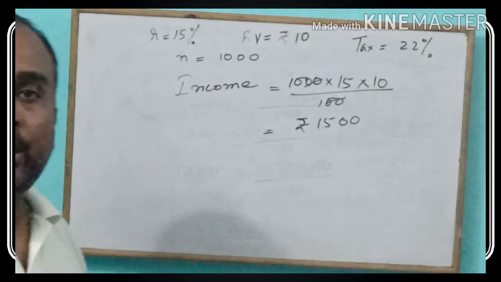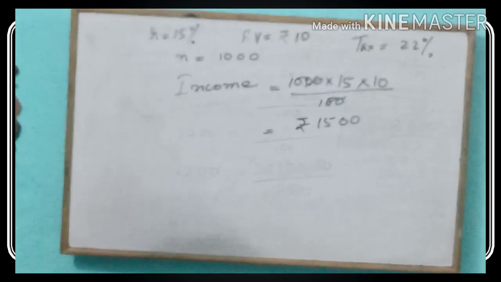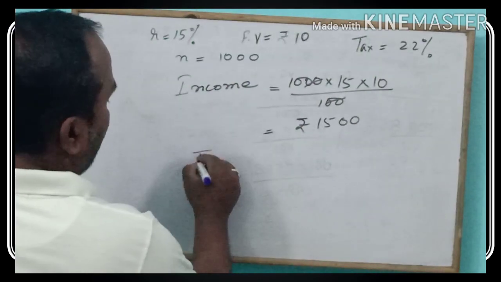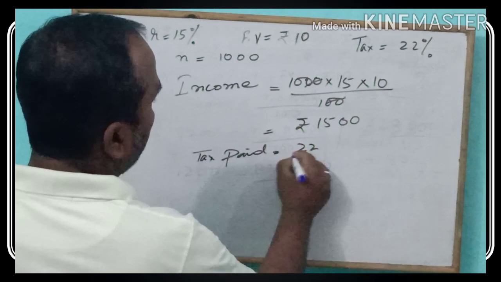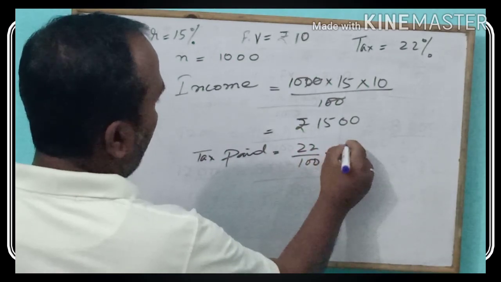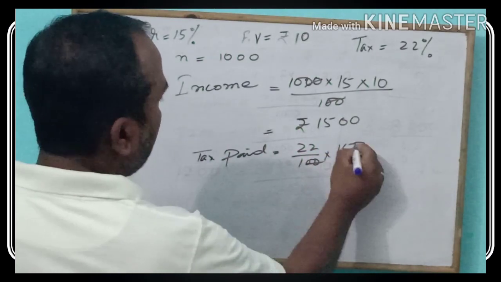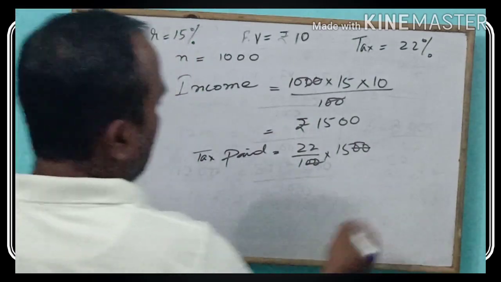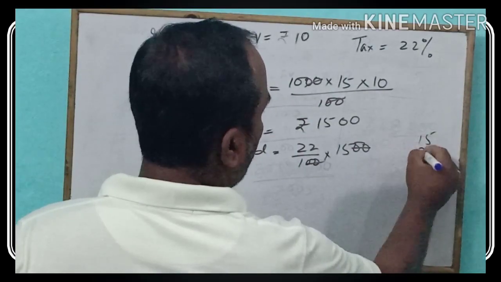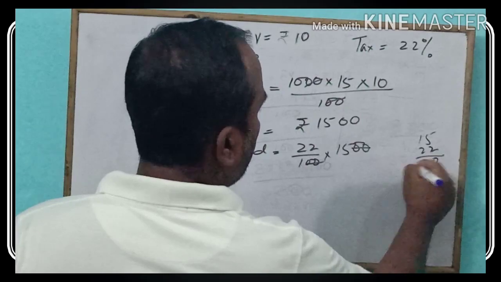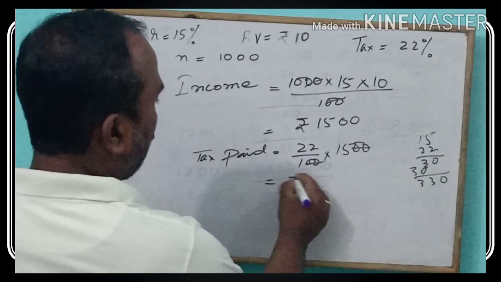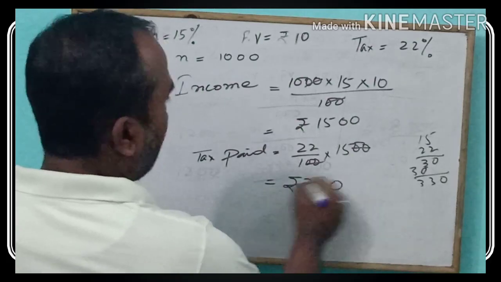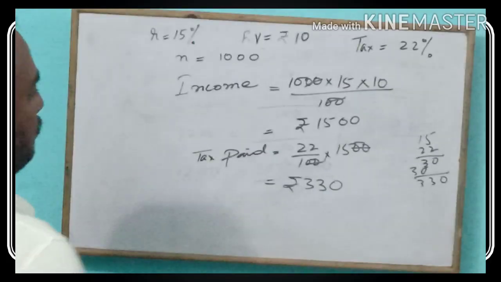It is the duty of a citizen to pay some tax. So how much tax does he pay? Tax paid is 22% of 1500, that is 330. That means rupees 330 he pays as tax.